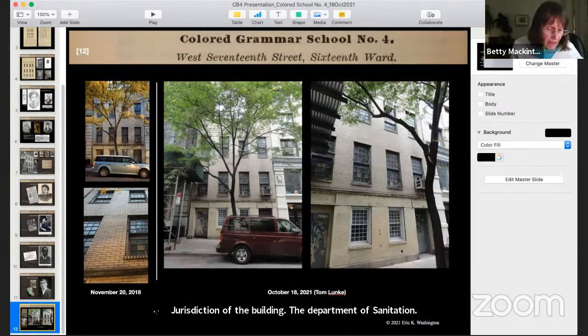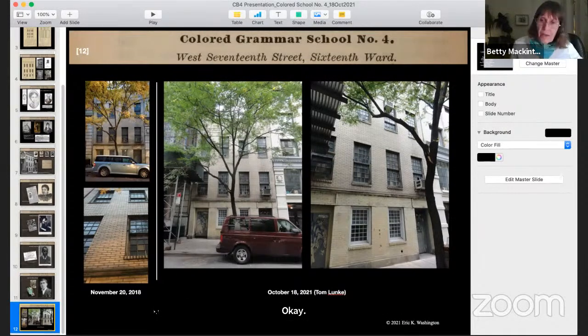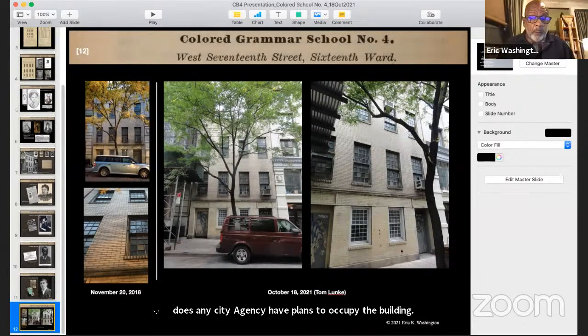Okay. And does any city agency have plans to occupy the building? Not that I'm aware of. It doesn't seem to have any kind of essential use, and this is just from observation. This last slide that's still on the screen to the left are pictures I took when I filed the RFE in 2018, and 3 years later, Tom Lunke, who's with us, took these.